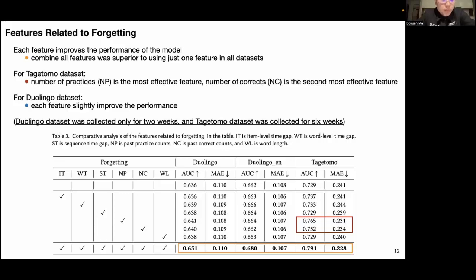For the Duolingo dataset, each feature seems to improve the performance only slightly. This may be because this dataset was collected for only 2 weeks, and the TargetWord dataset was collected for 6 weeks. So the forgetting behavior is more distinct and could be captured easily.